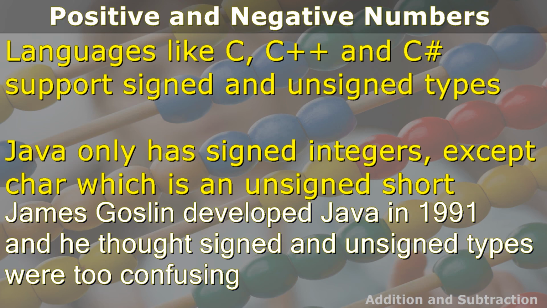And he was right, because in C and C++ and C#, even well-seasoned programmers make mistakes and use the wrong signed or unsigned data type, or don't think through what the magnitude or values are of all the numbers in their formula. Together we're going to unravel this confusion and explore how signed and unsigned data types work.